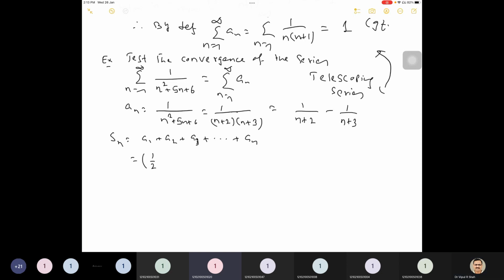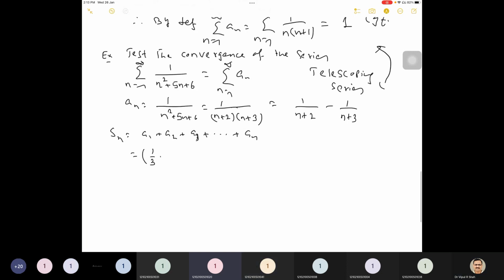a1 is 1 by 3 minus 1 by 4. a2 is 1 by 4 minus 1 by 5.